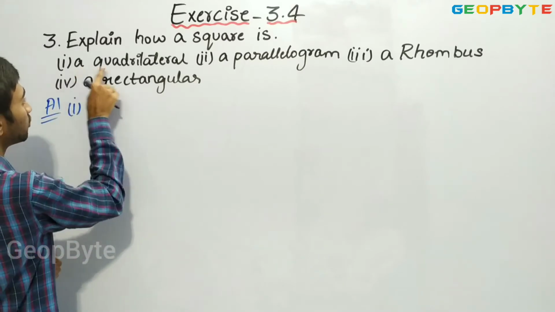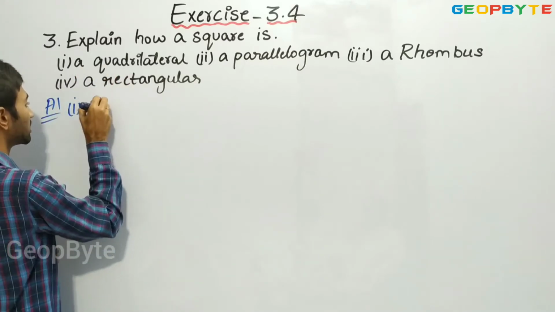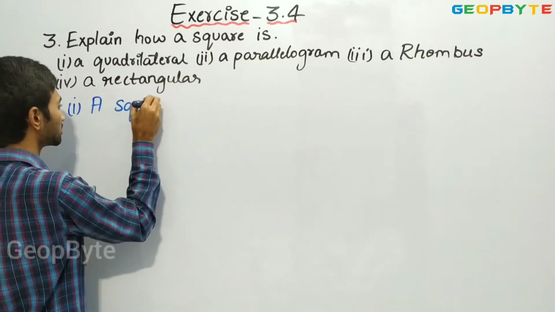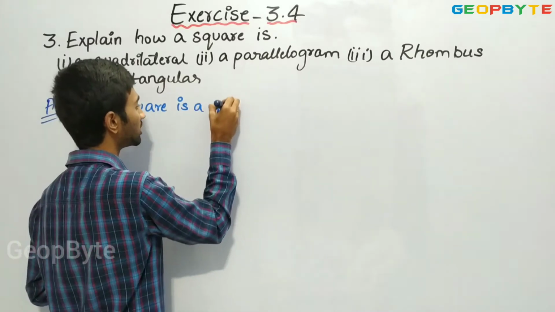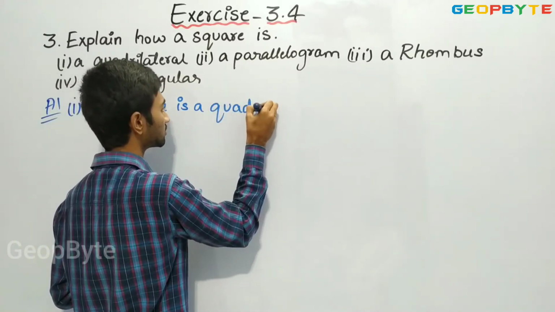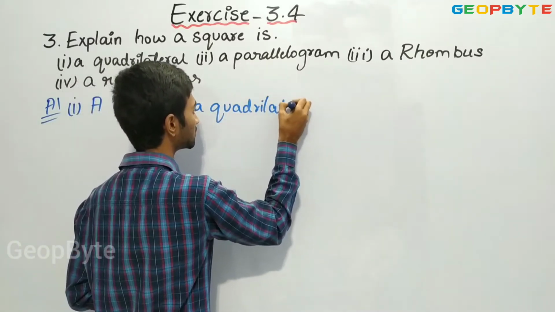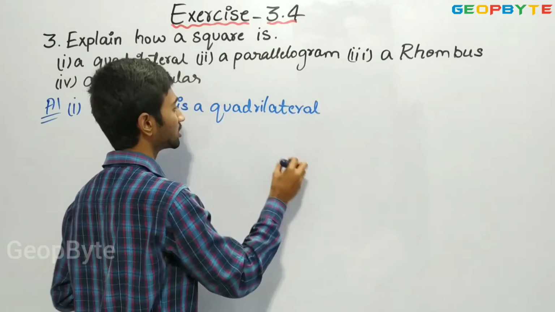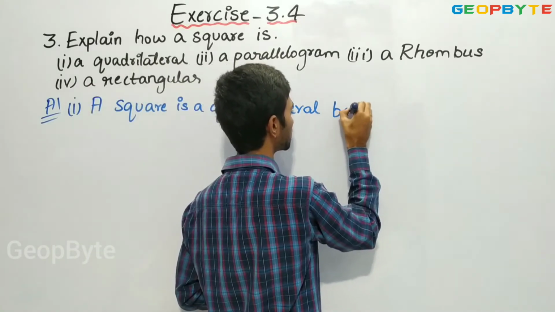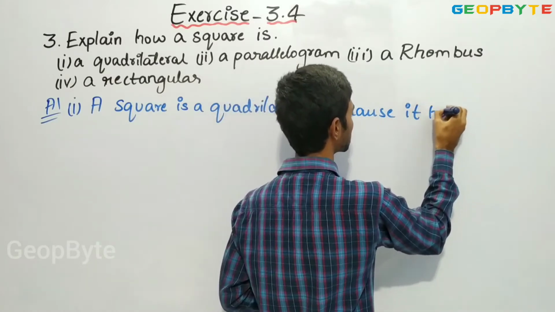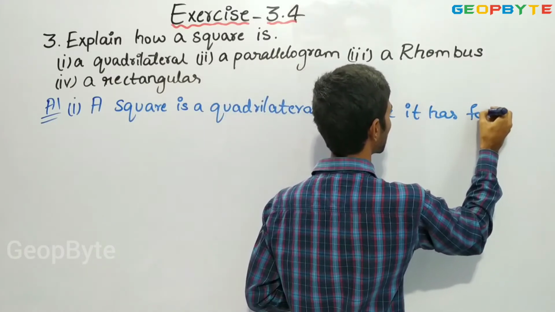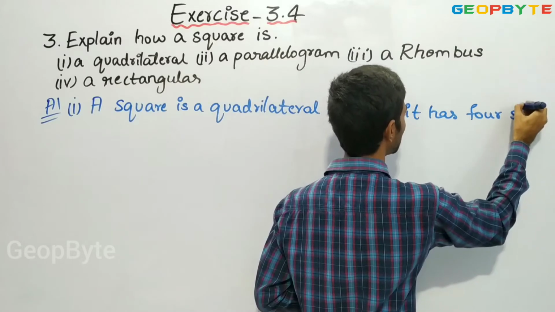First one, a quadrilateral. So a square is a quadrilateral because it has four sides.